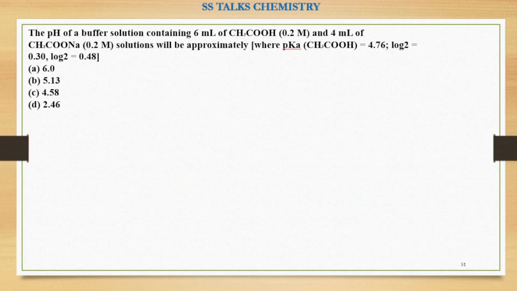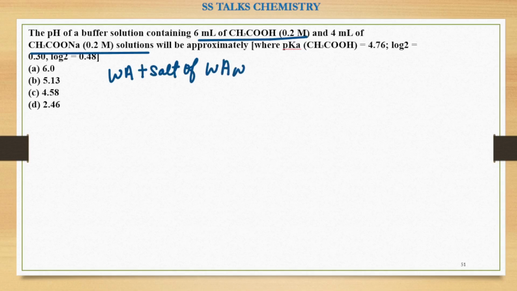It says the pH of a buffer solution containing 6 ml of 0.2 molar acetic acid and 4 ml of 0.2 molar sodium acetate will be approximately what? So here again it is an acidic buffer: you have a weak acid plus the salt of the weak acid, which is formed with treatment with a strong base.